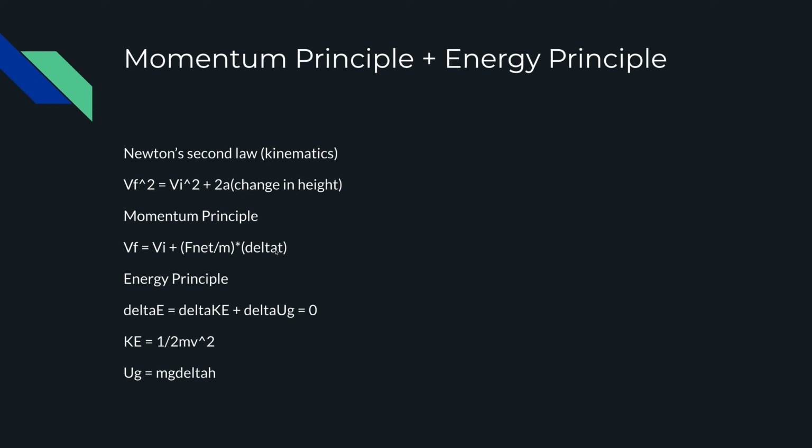We used this in our code loop to find the new velocity at each point. We also use the energy principle to determine the energy going in and out of a system, with the total change in energy equals the change in kinetic energy plus the change in gravitational potential energy, which would equal 0. The kinetic energy equals 1/2 mass times velocity squared, and the potential energy equals the mass times the acceleration due to gravity times the change in height.